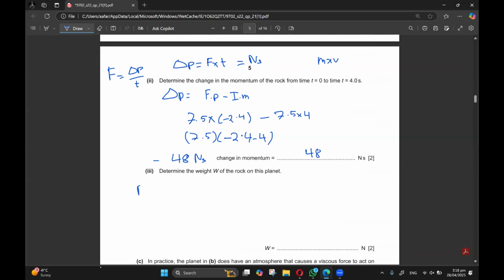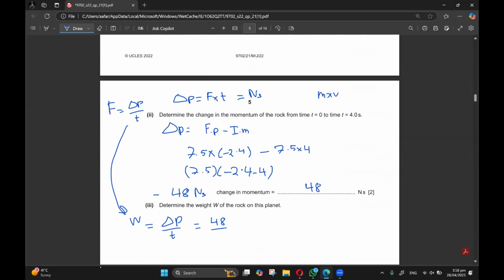So that resultant force is basically its weight. It's basically the same force, right? Only the weight is acting on the rock, no other force. So weight is basically change in momentum over time, right? So you can say 48 over 4, get 12.